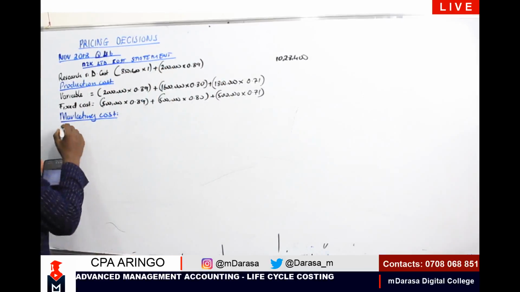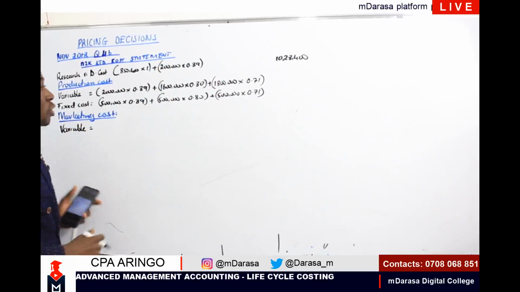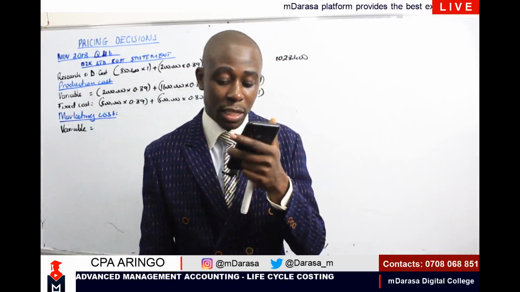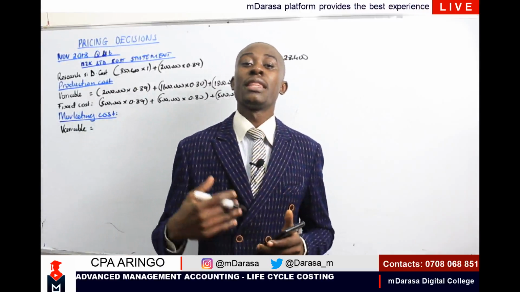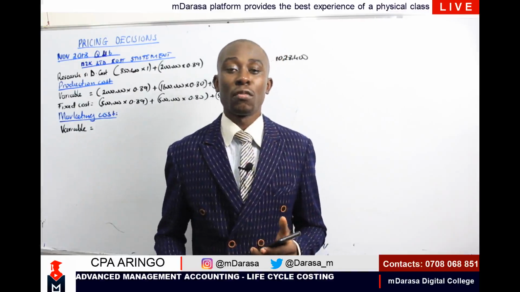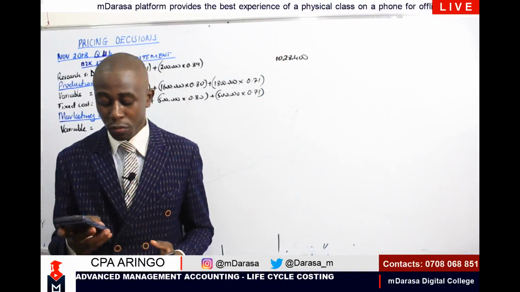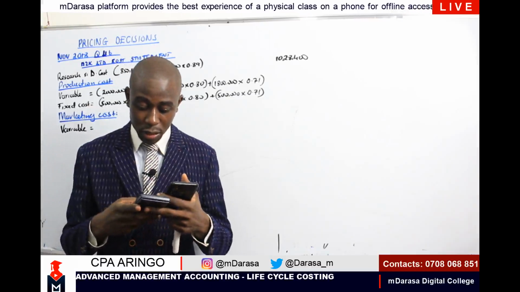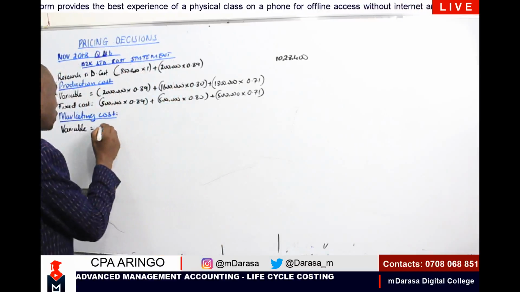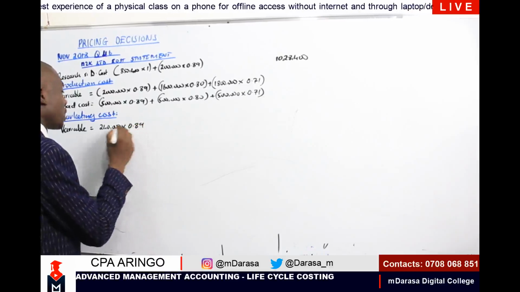I'm having variable cost per unit, which for year 1 I was given 12 shillings, right? 12 shillings by the number of units which you produced in year 1. So I should be talking of 12 shillings per unit by 20,000. That should give me a figure of 240,000. So you should be talking of 240,000 by present value, which is 0.89.